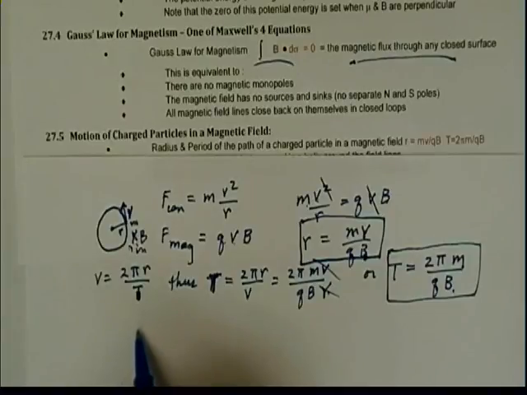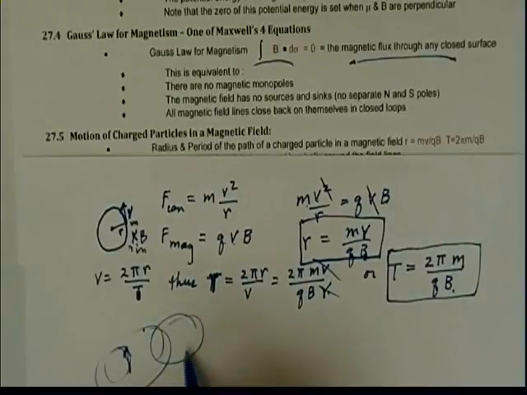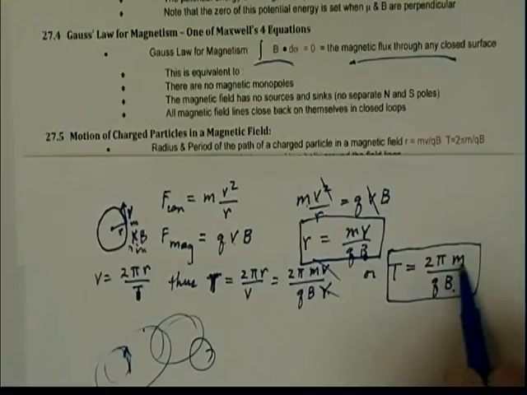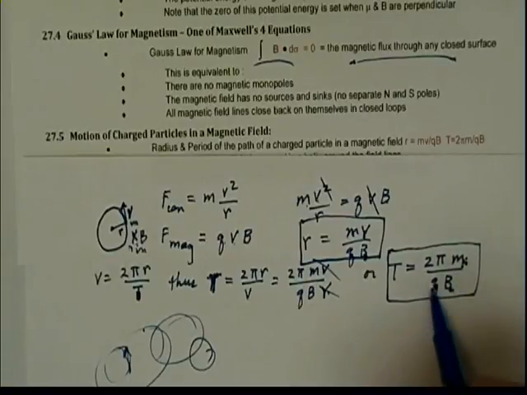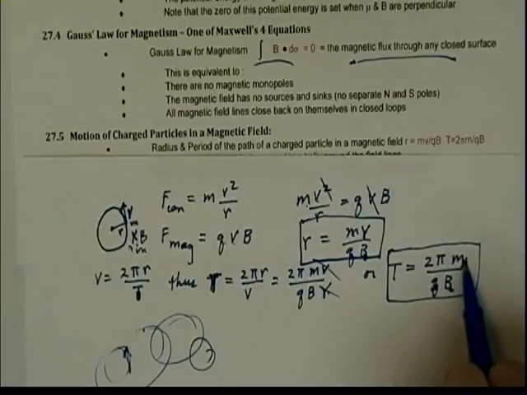So if I have a magnetic field going downward, and I have a bunch of particles, they'll all run around in circles of different sizes, depending upon what their charge to mass ratio is and what the magnetic field is. If they're all the same charge to mass ratio, say they're all electrons, then they all have the same mass and the same charge.